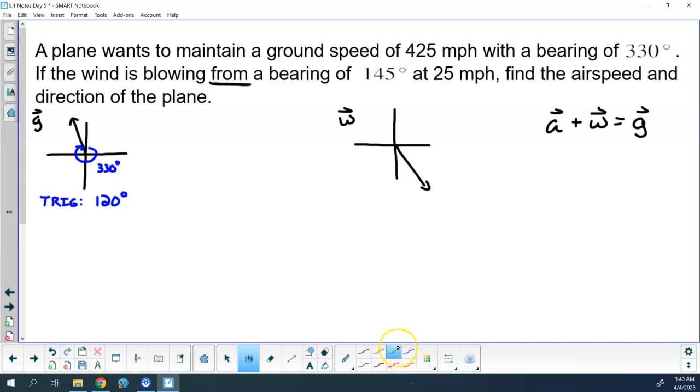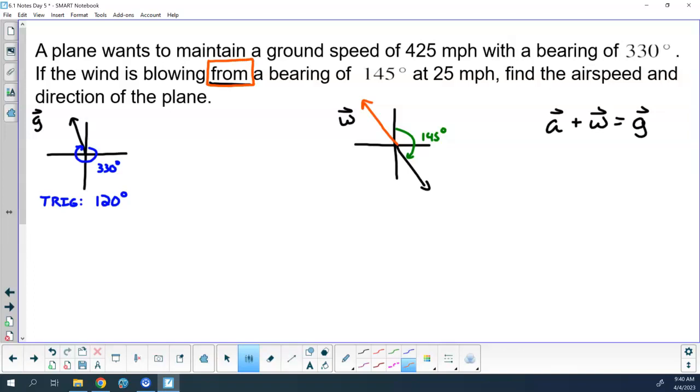So this would be 145 degrees, correct? But it's not blowing that way. It's blowing from that way, which means it's actually blowing that way. All because of this one word right there.